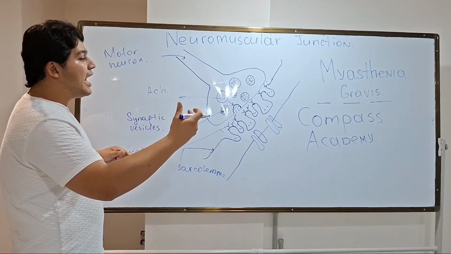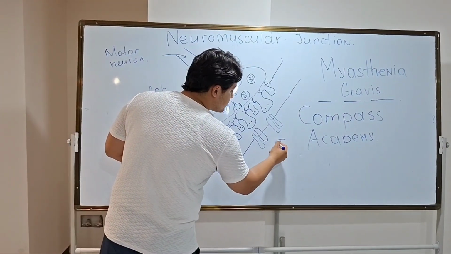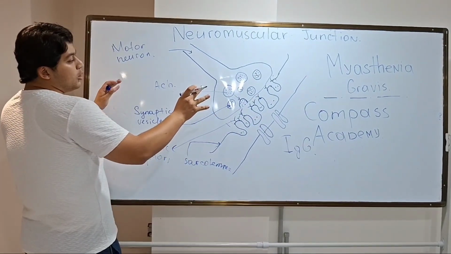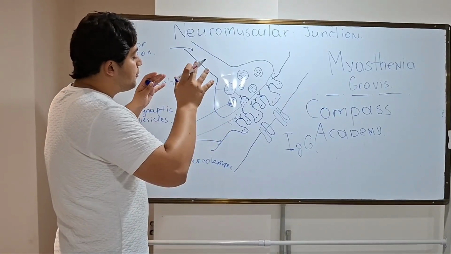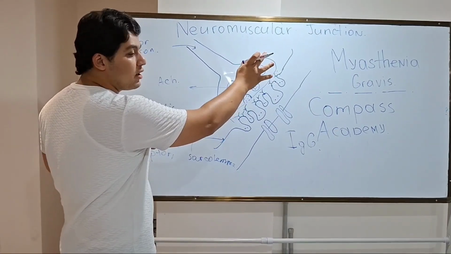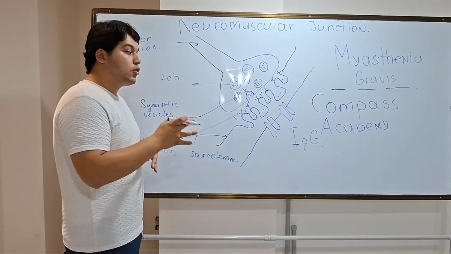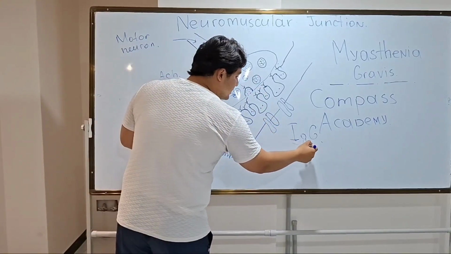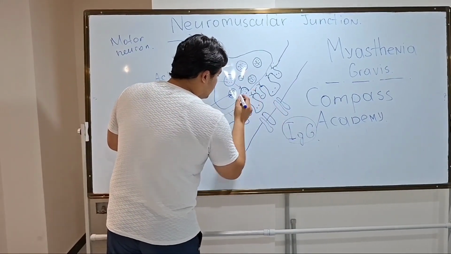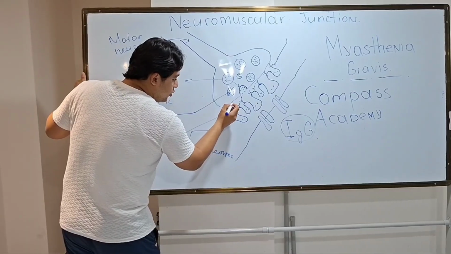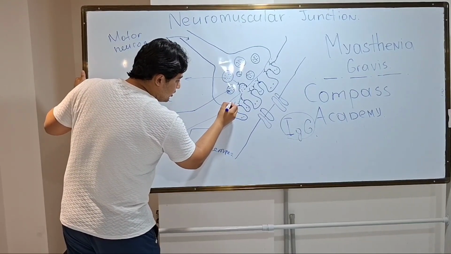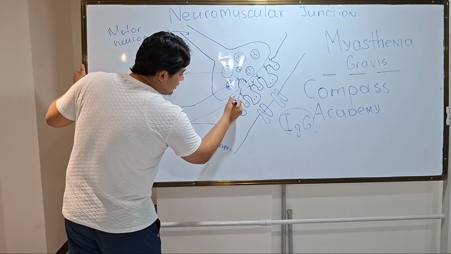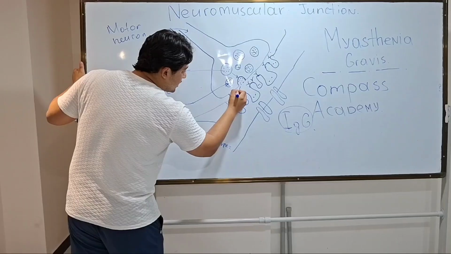There are some antibodies, like IgG, immunoglobulin G. In a person who has myasthenia gravis, because of an autoimmune disorder, the antibodies will go and block the nicotinic receptors.